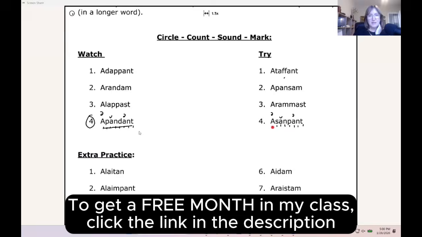We're going to go one sound at a time. A sa, a san, a san, p. I wish that was an M, but we're going to go with the N. A san pa, a san pun, a san punt, with this syllable accented, said more strong.